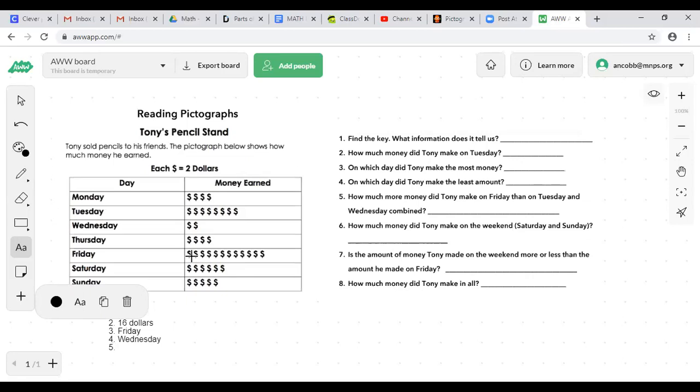I'm going to give you some think time. If you said add, you are correct. So I would need to add Tuesday with Wednesday. So what I'm going to do is just go ahead and skip count by twos because I already know that my keys, the dollar signs, are counting by twos.